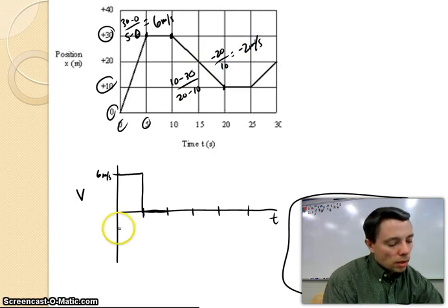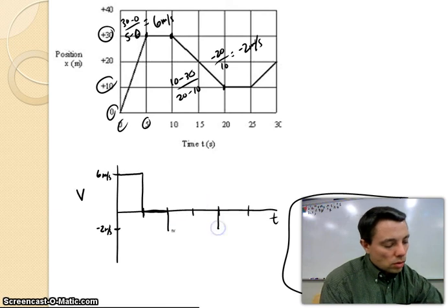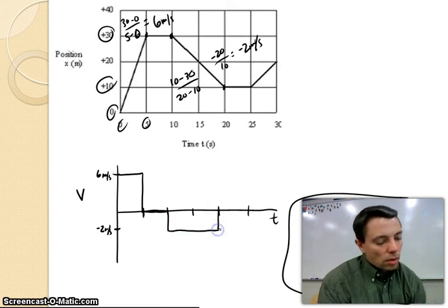So now I'm down here to a negative 2 meters per second, and I'm going to travel that for these 10 seconds.